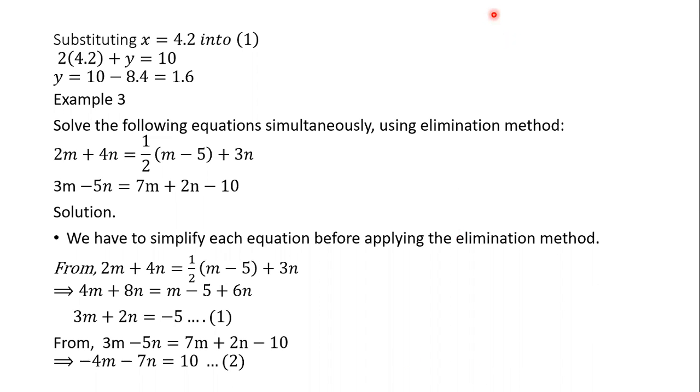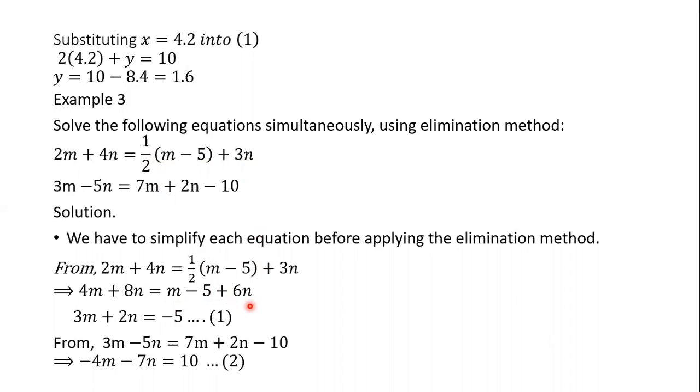So now, by multiplying here by 2, here by 2, here by 2, we get 4m plus 8n equal to, now 2 multiplied by half gives 1, and 1 multiplied by the bracket gives the same thing, m minus 5, plus 2 times 3n, which gives 6n.